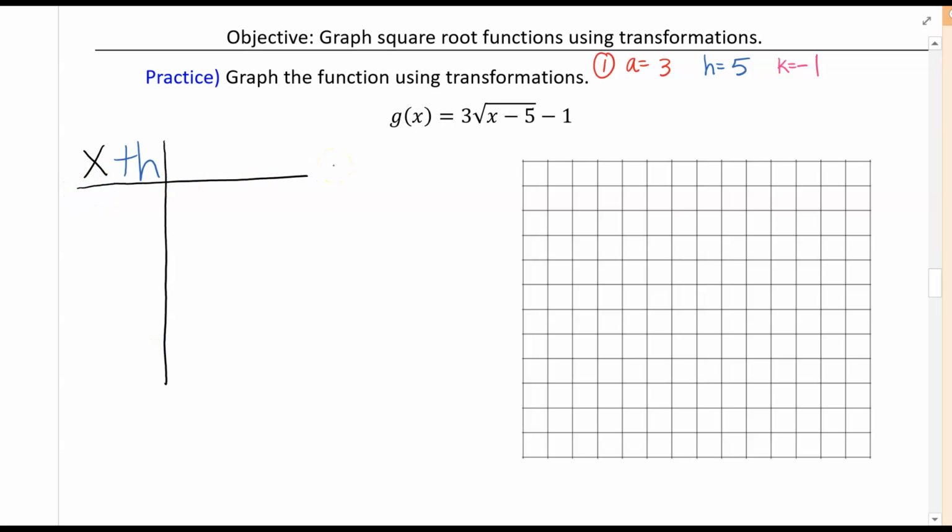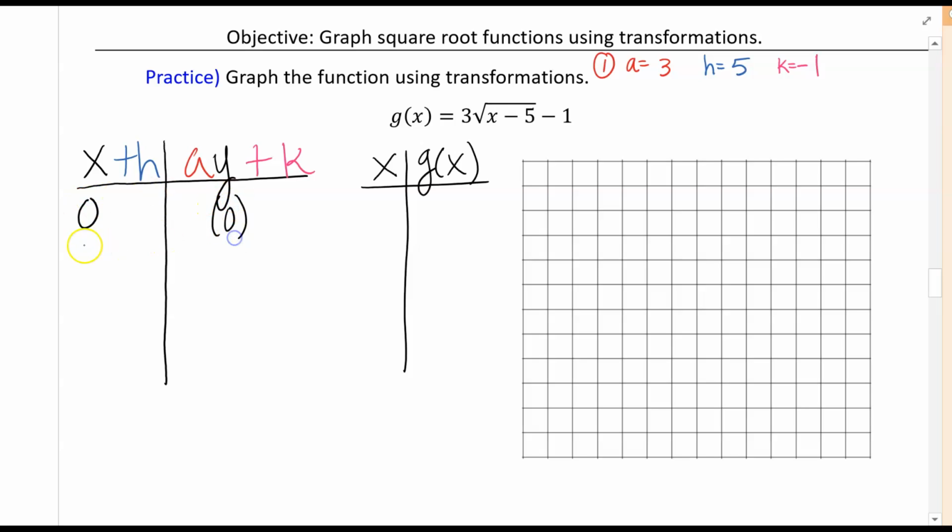Oh, yes, and there's calculators over there if you guys want calculators. Okay, and don't forget your coordinate points are 0, 0, 1, 1, 4, 2, and 9, 3. All right, so go ahead and practice this one, and then I'll show you guys the solution afterwards.